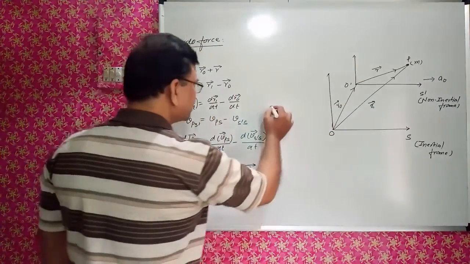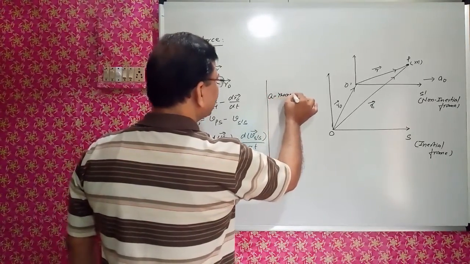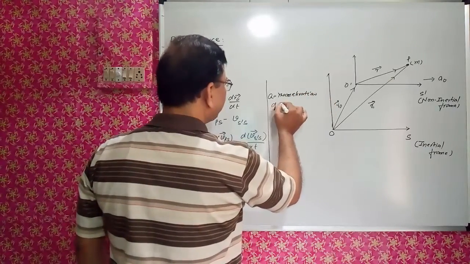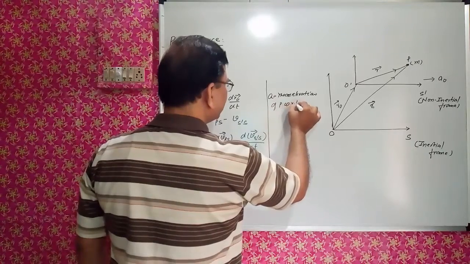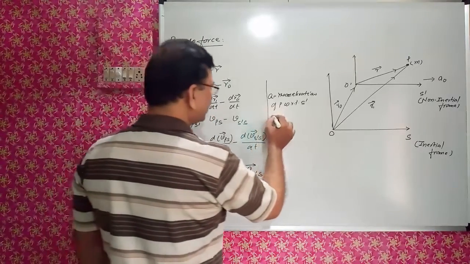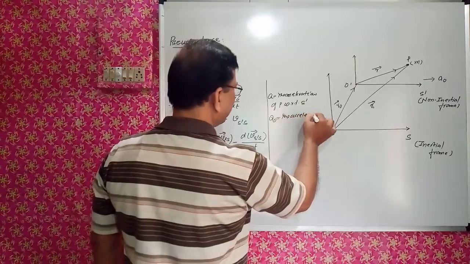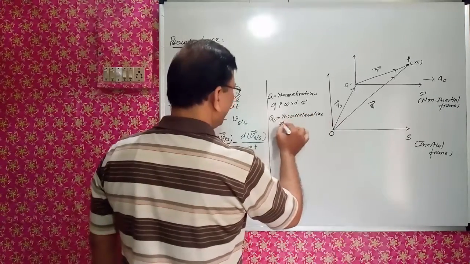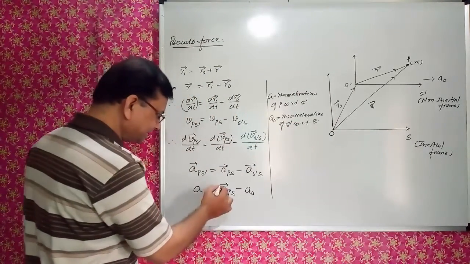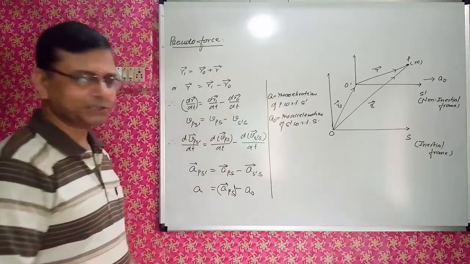So, a is the acceleration of P with respect to S dash, a naught is the acceleration of S dash with respect to S, and a(PS) is the acceleration of P with respect to the inertial frame.